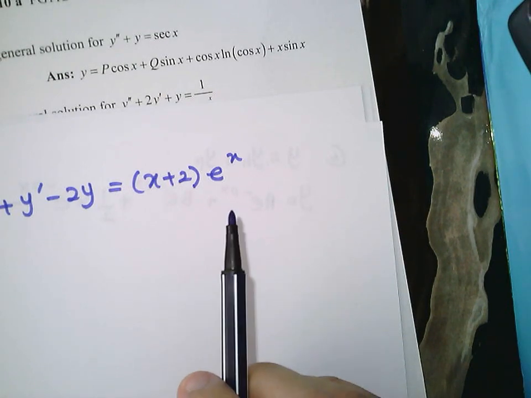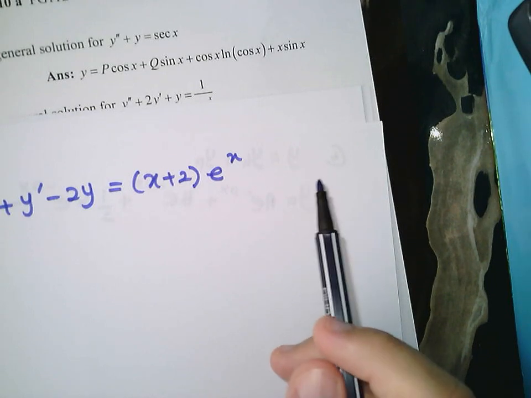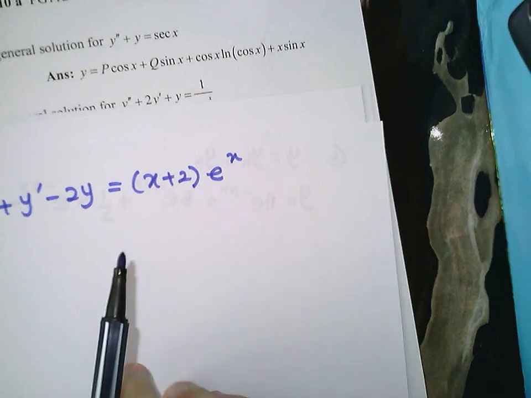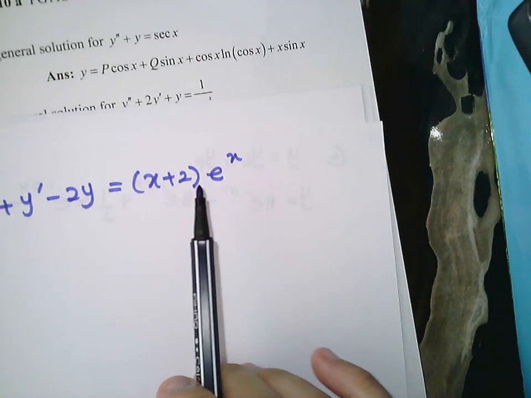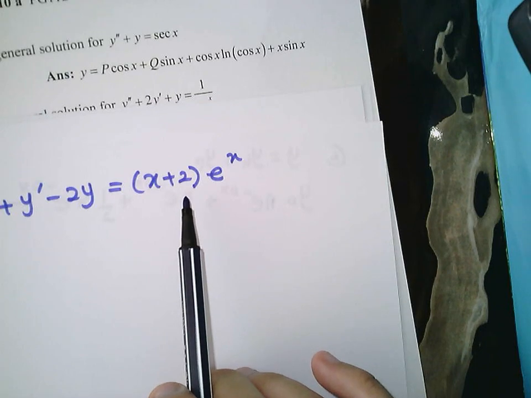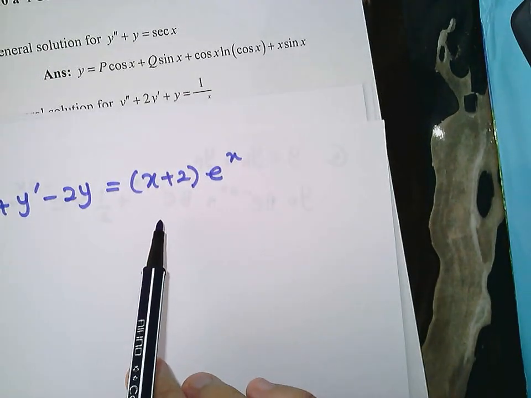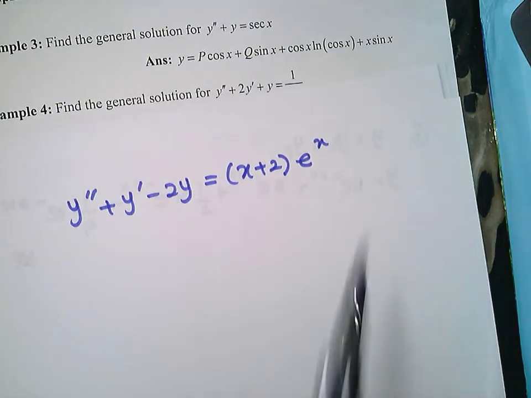Since we just cover UC up until case 3 where your f(x) is a trigonometric function, if you have a linear combination or a product of case 1, case 2, or case 2, case 3, you need to use VOP.